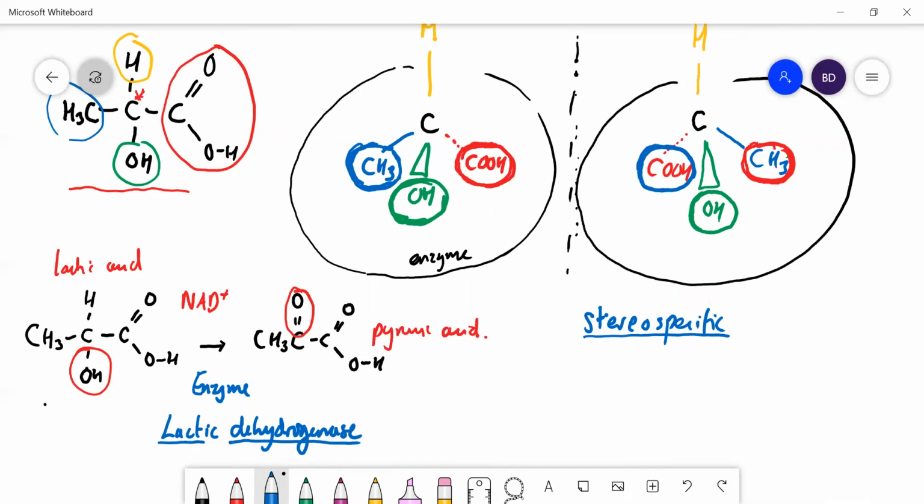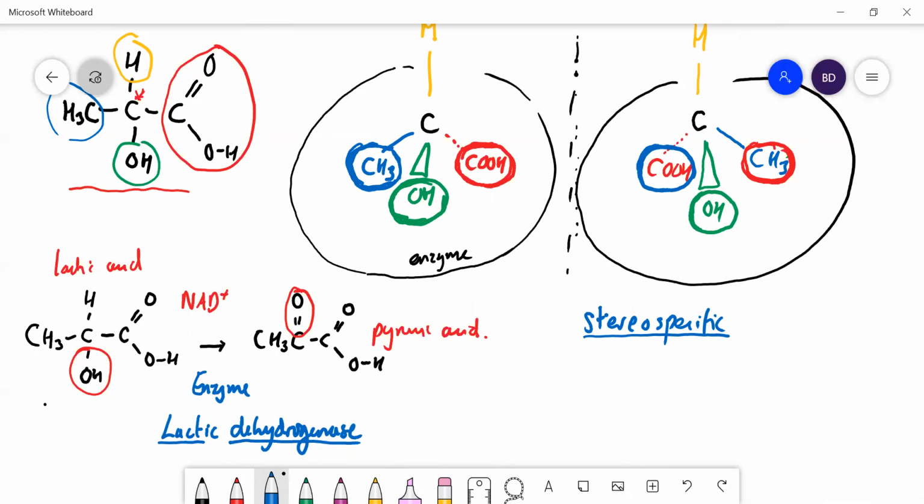It can't react with both optical isomers. So that's why, for example, of the 20 naturally occurring amino acids, 19 can exist as 2 optical isomers. There's only one of them that's ever found in nature, because it's only one of them that the enzymes can actually recognize. The other one is the wrong shape, and it can't react.